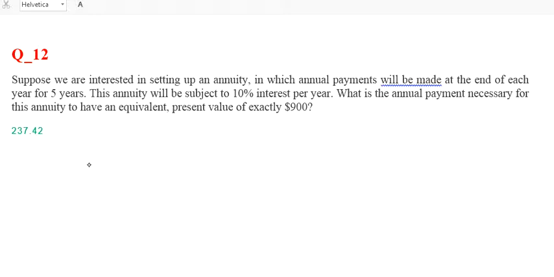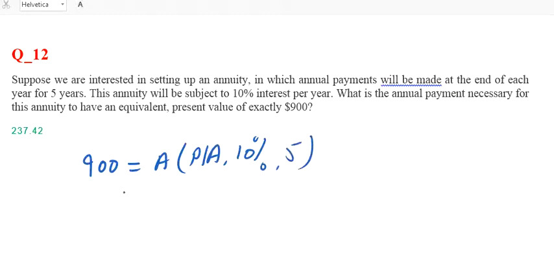So we are given the present value 900, into a P given A, that's 10%, and it's 5 years. Using the tables, we have A equal to 237.43.